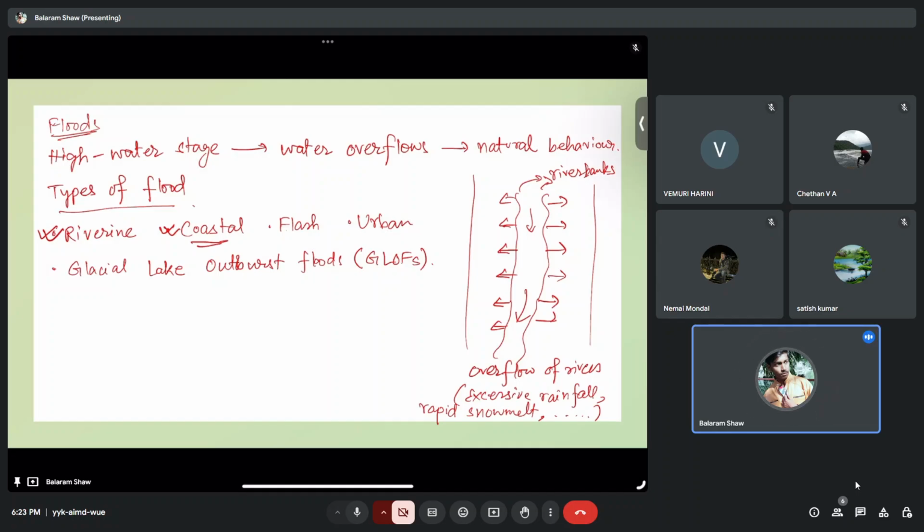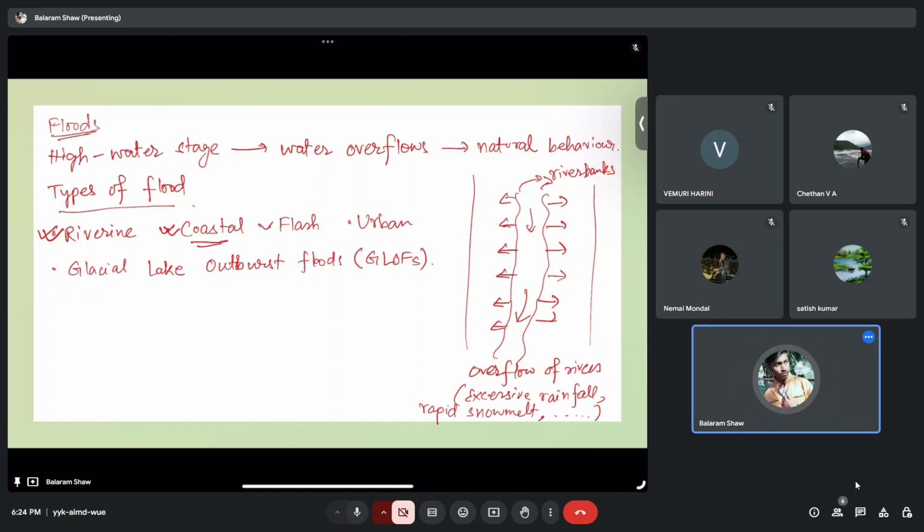So if you add all the coastlines, you'll get around 7,500 kilometers of coastline just for the Indian region. And hence, it is classified under the high coastal flood hazard category because we have a very big coastline, right? Okay, that was the coastal flood.